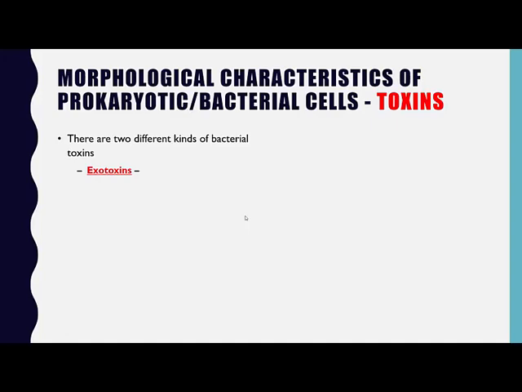Exotoxins exit the cell, so they're manufactured by the bacterial cell and then released. Exotoxins are mainly released from gram-positive bacteria. Examples: Clostridium, Staphylococcus and Streptococcus.